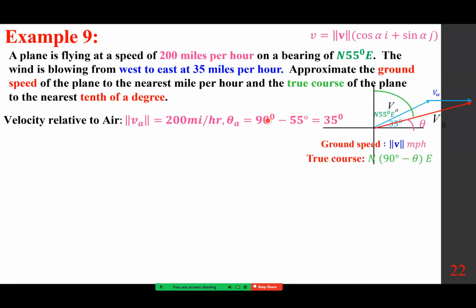And 90 minus 55, because this angle was 55 degrees. So what is left of 90 degrees is 35 degrees. So this angle is 35 degrees. I want to make sure we understand what's going on here.